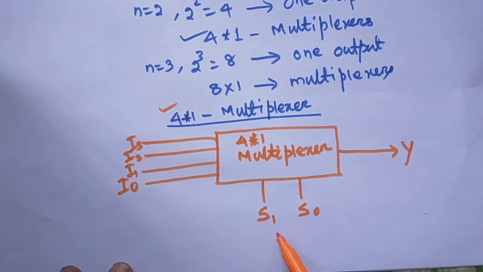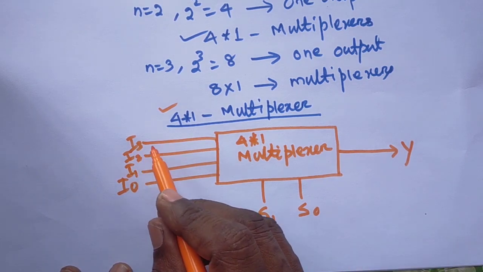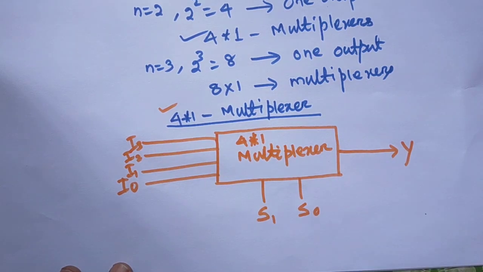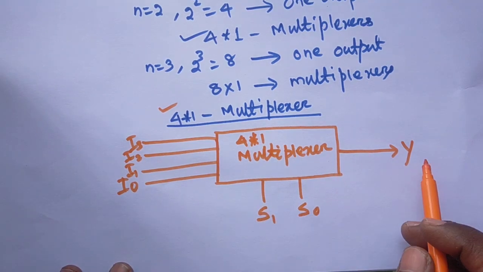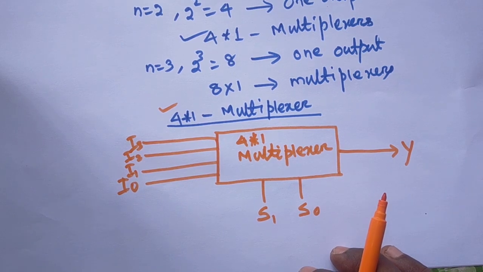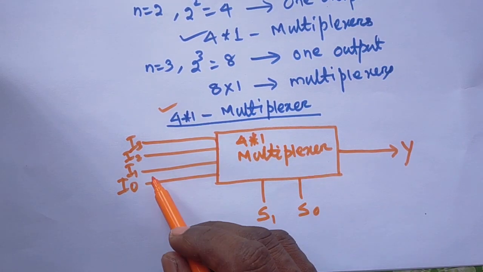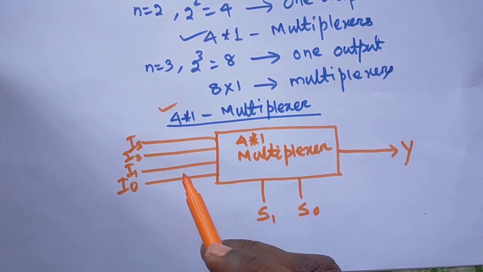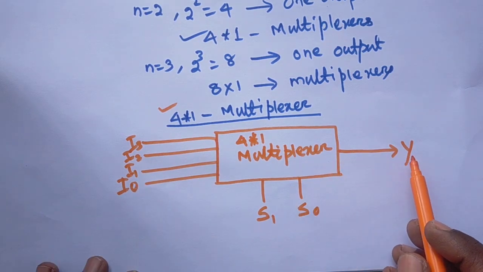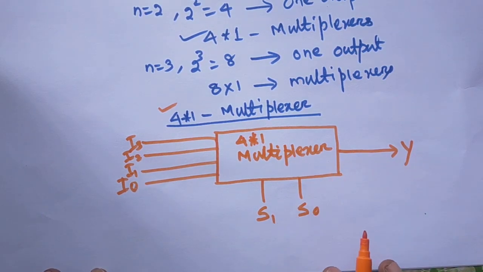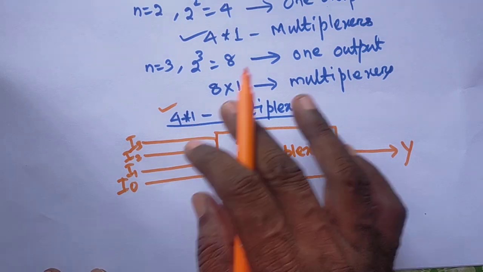These two selectors are one kind of technique or approach that decides which input is considered as the output for Y. Okay, this is the basic diagram. We will discuss how it will receive the data I0 to I3, and which data is considered as output for Y. Okay, now this is the basic diagram.